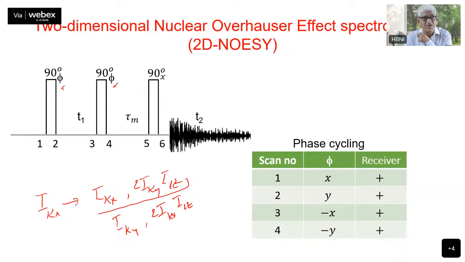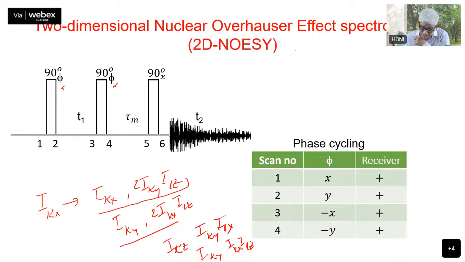In the double quantum filtered COSY, we eliminated something else. We eliminated all the single quanta and converted this into double quantum. One of the terms is a double quantum, and we chose that. Now what will this get converted into after this evolution? It will get converted into IKZ here, and IKY, ILX, the double quantum one, and this will be IKY, IKX, ILZ. This will remain like that only.